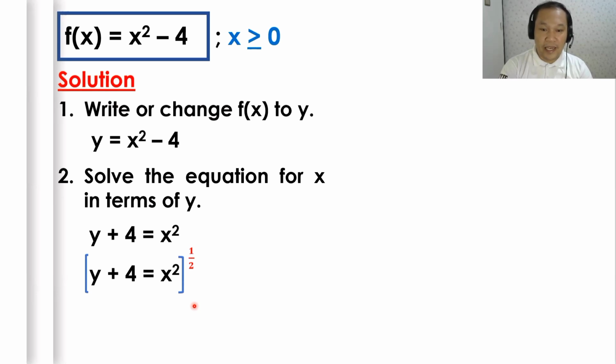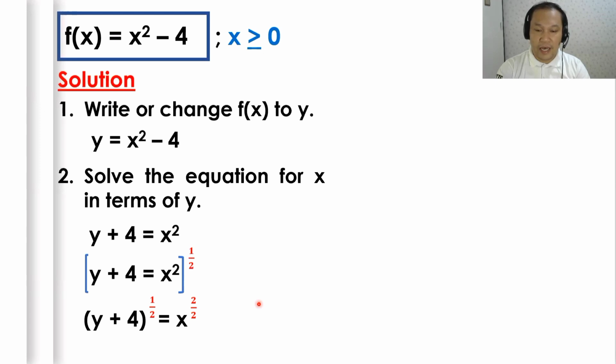And then applying the concept of the power law, we are going to have the quantity y plus 4 raised to 1/2 is equal to x raised to 2 times 1/2, and that will become 2 over 2. Now, 2 divided by 2 is equal to 1. Therefore, our exponent for the variable x will become 1.